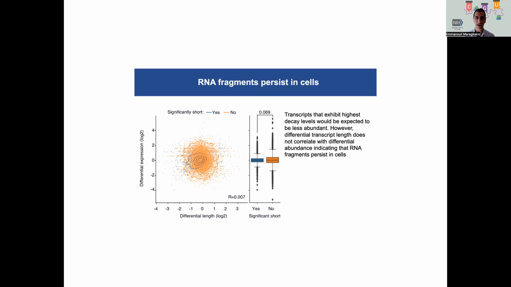So we don't see a correlation between 5' end fragmentation and RNA abundance. And this made us think that perhaps this indicates that there is a storage mechanism, an active mechanism in the cells for the storage of these RNAs.